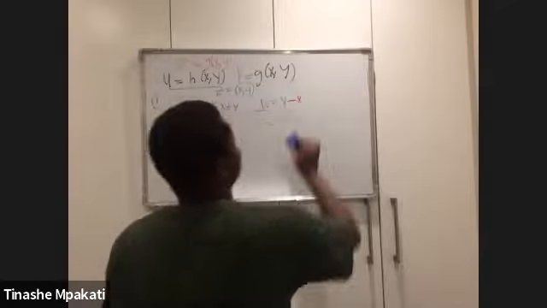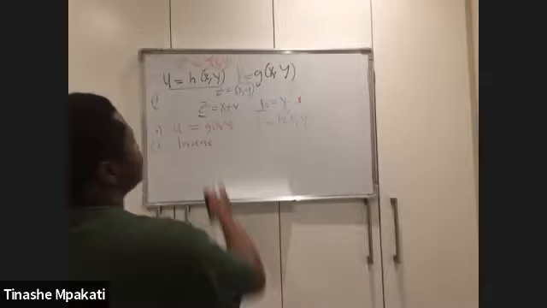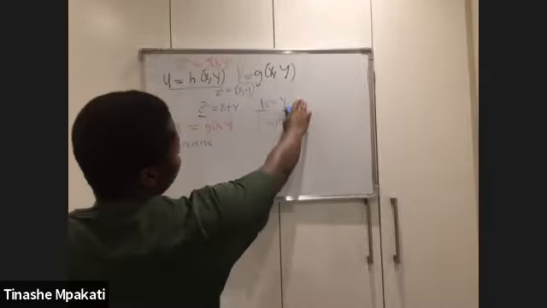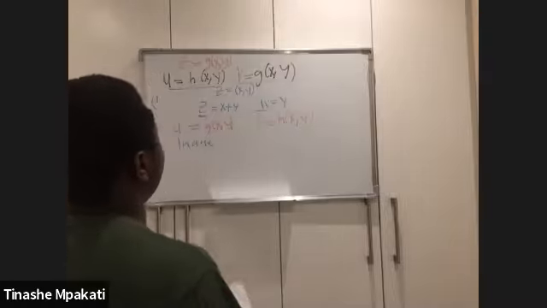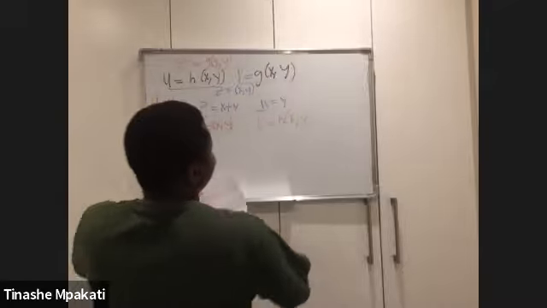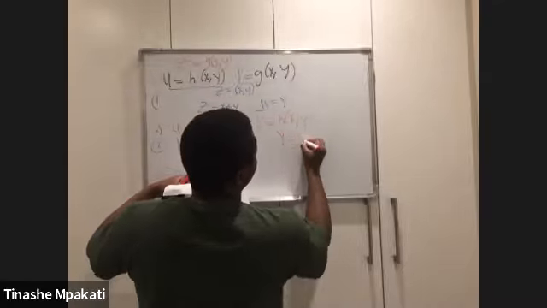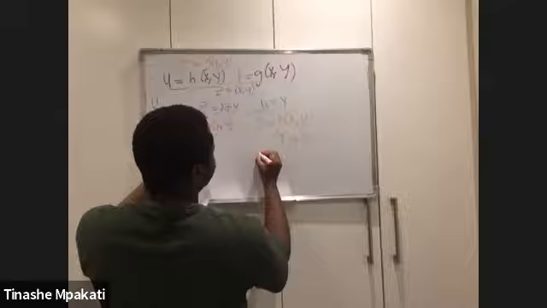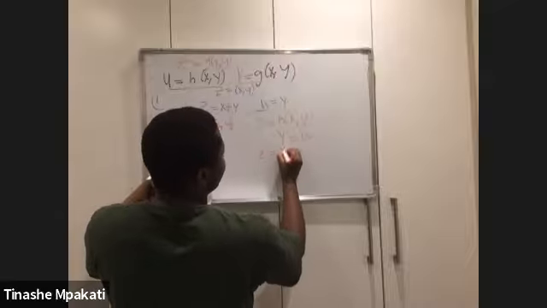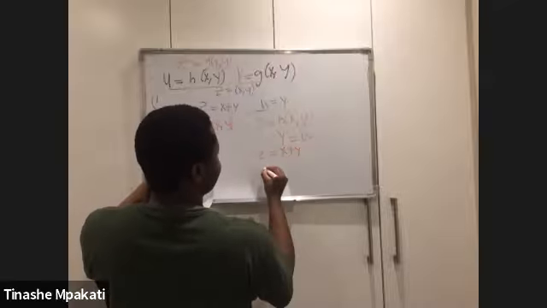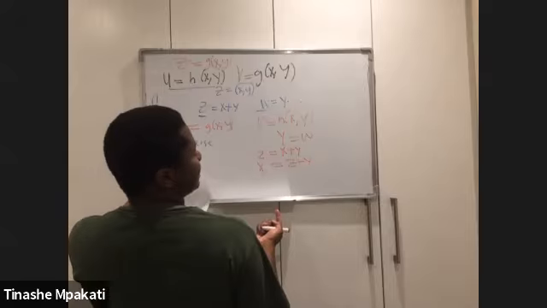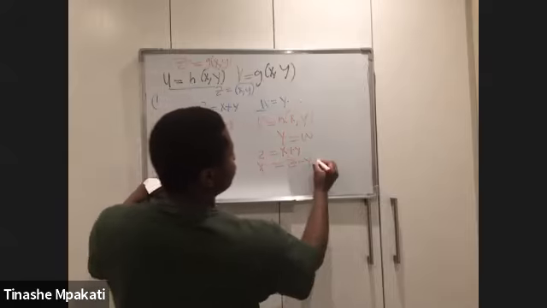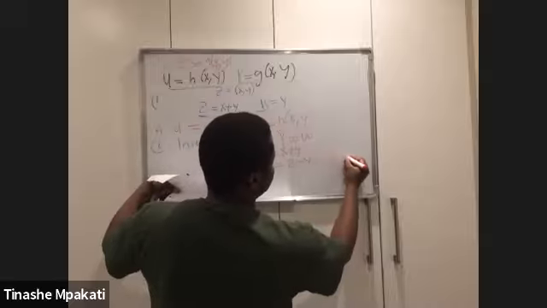In a case where z is equal to x plus y and w is just equal to y, the second condition is telling us that you need to be able to say, okay, I have my y being equal to w, and I also have my z is equal to x plus y, which I can write as my x being equal to z minus y, but since my y is equal to w, this is equal to z minus w.